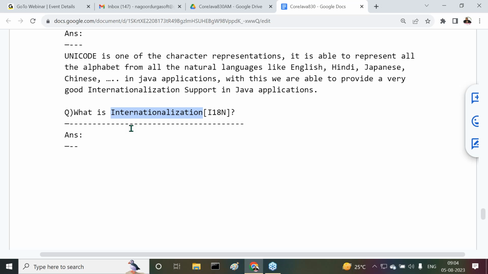But what is internationalization, and what is its purpose? I will take one simple example. For example, I prepared a software product.